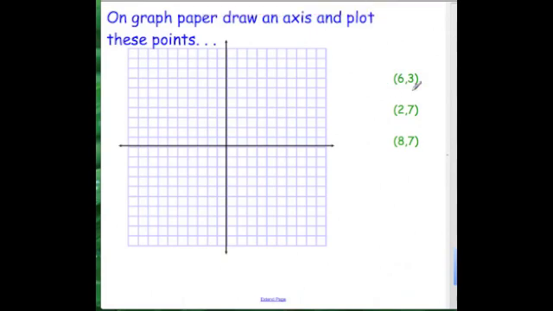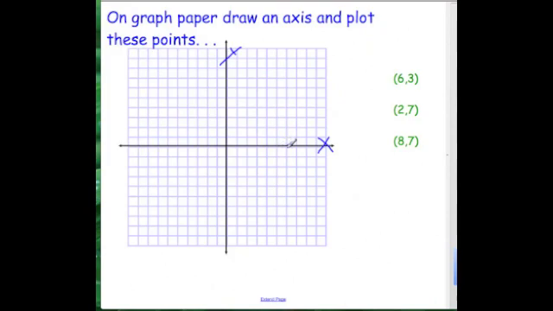Our first point that we are to graph is 6, 3. Now we know that this is our x-axis because it's horizontal, and our y-axis is our vertical axis. So first we have to move our ladder to the side. Our first number is 6, so we're going to move on our horizontal x-axis 6 points. So we have 1 box, 2, 3, 4, 5, 6.